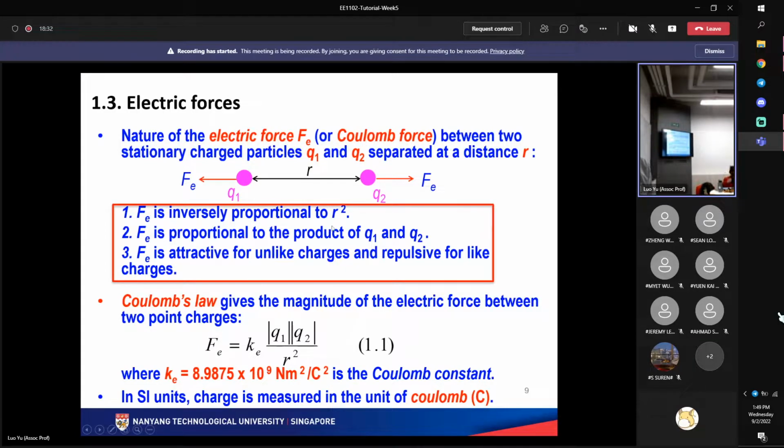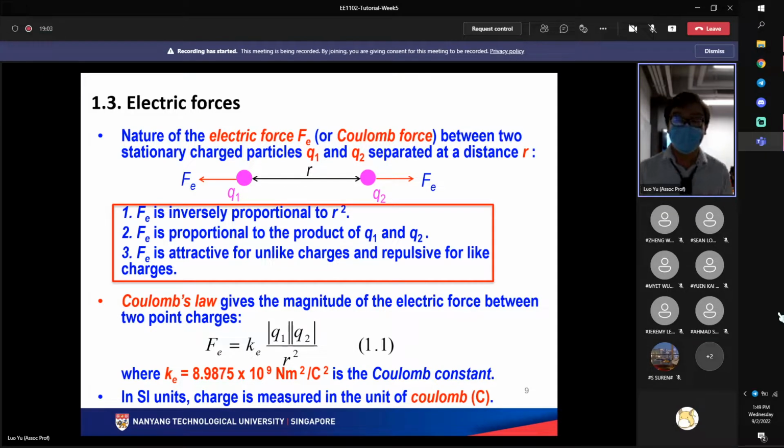The 3 points are related to the magnitude and the direction of the Coulomb force. First, from Coulomb's force, we can say that Fe is inversely proportional to R squared. This is the first property. The second property is Fe is proportional to the product of Q1 and Q2. The more the charge we have, the larger the force we will get. So the farther the particles are from each other, the smaller the force will be.